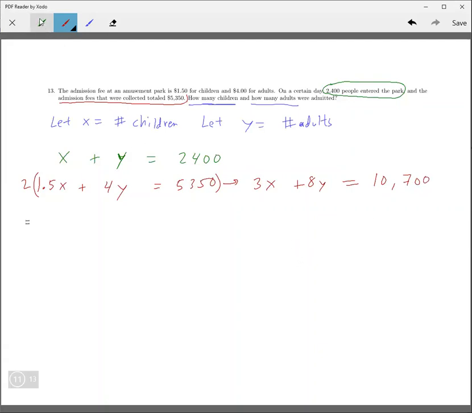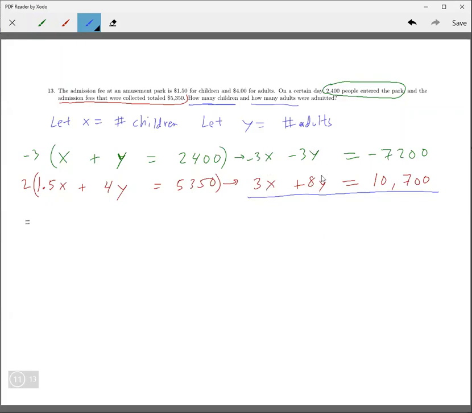Now, this looks like a substitution again, or let's do this. Let's just multiply this by -3. And so I got -3x minus 3y equals, 2,400 times -3 is -7,200.